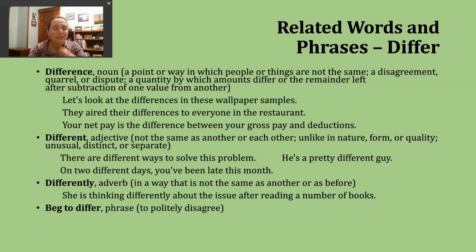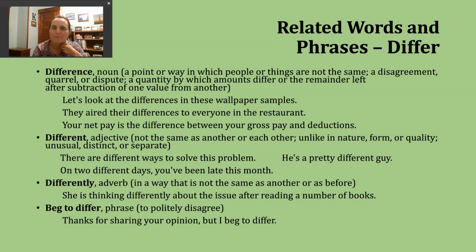One last phrase you might hear people use, and that phrase is to beg to differ. This phrase is used to indicate that one wants to disagree with someone, but do it in a polite way. So if you hear someone saying this, they are attempting to be polite, but who knows, sometimes the words that follow afterwards are not always so clear.